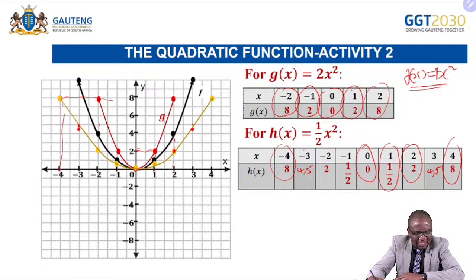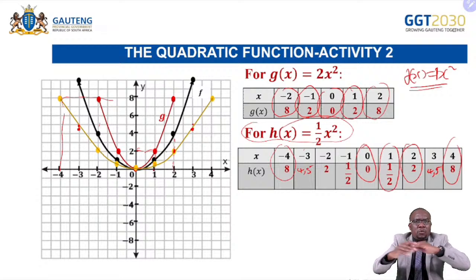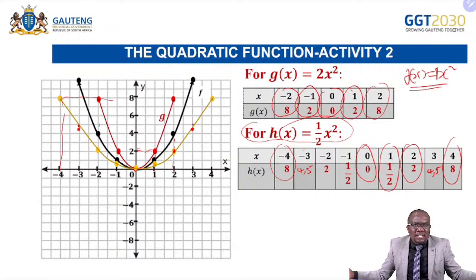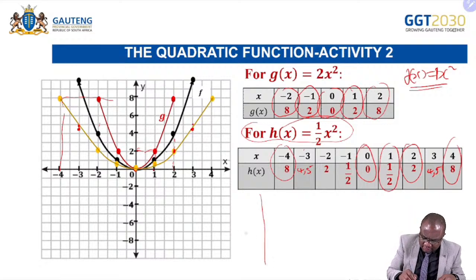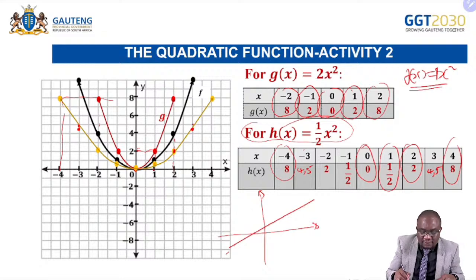Do you see that the yellow graph, which is for h of x, when A decreases, the graph becomes wider. When A increases, the graph becomes narrower. It's almost like the gradient. Remember the gradient. When the gradient is small, let's say these are two graphs, the graph is more gradual, like this.